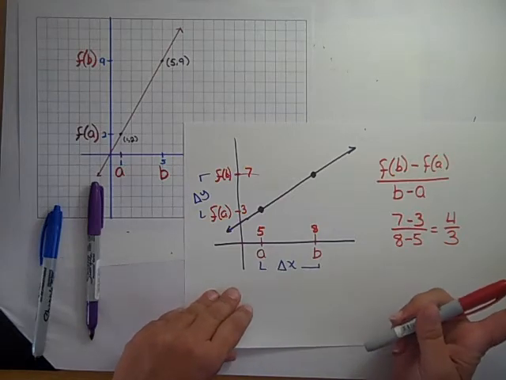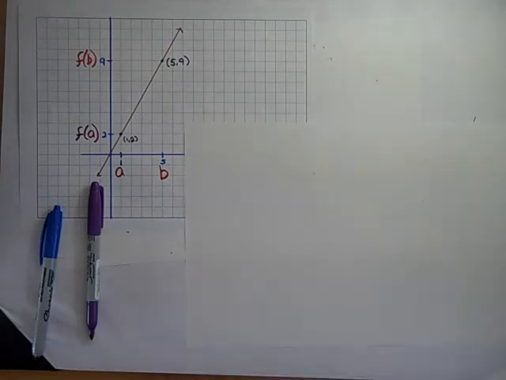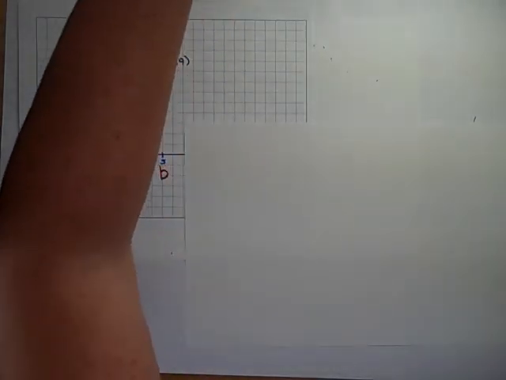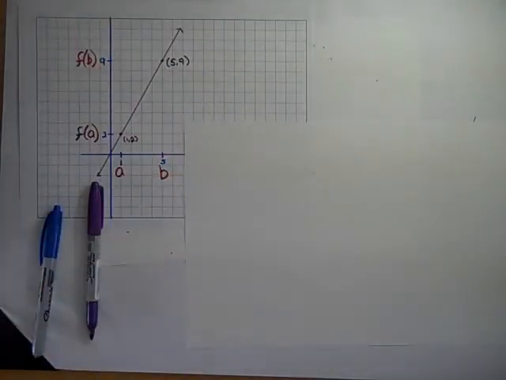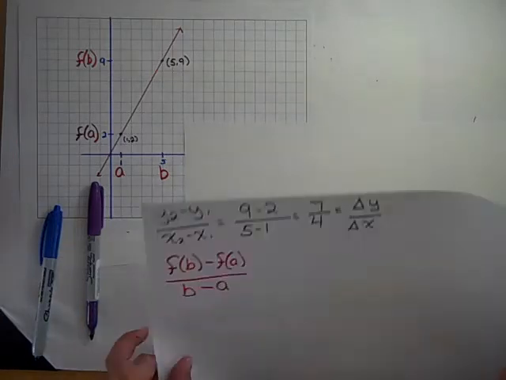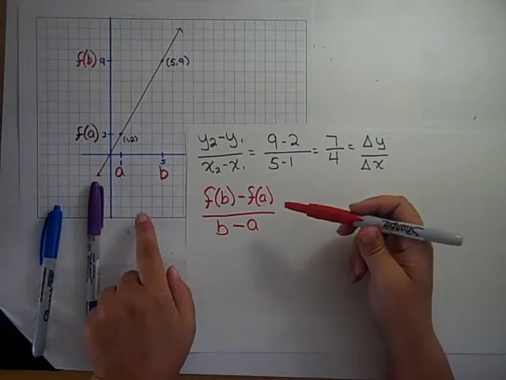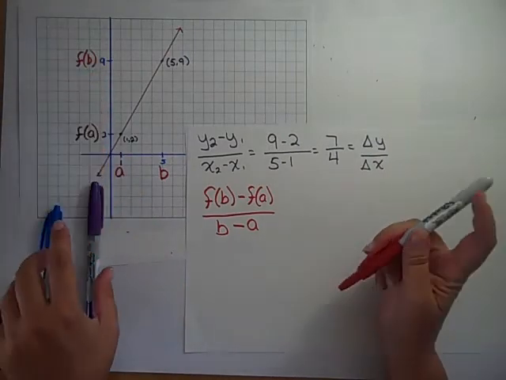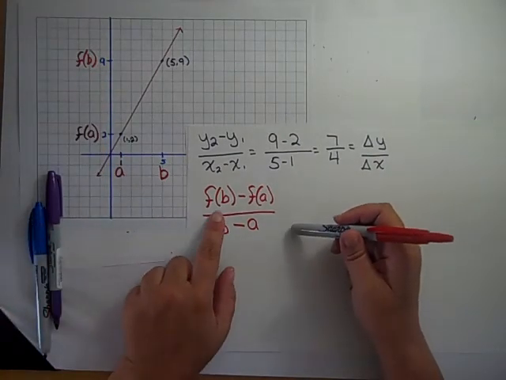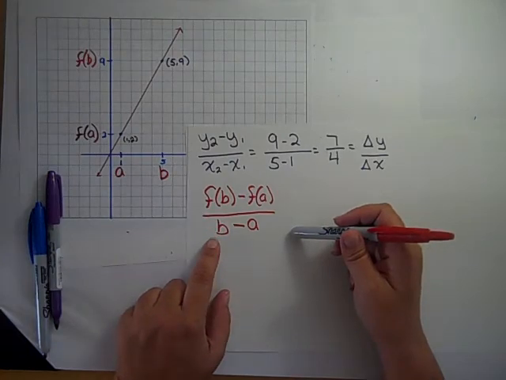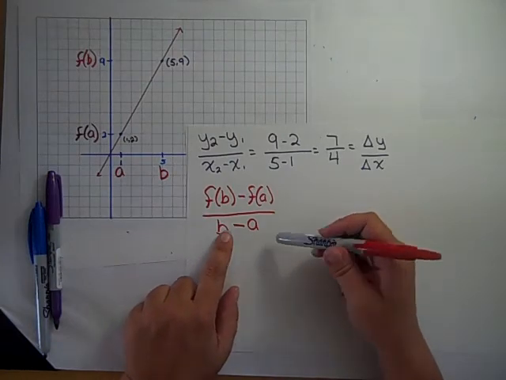So let's look back at the first graph again. And let's be just a little bit different than we were a second ago. So we're back to this first graph with the 9 and the 2. So f of b minus f of a over b minus a.